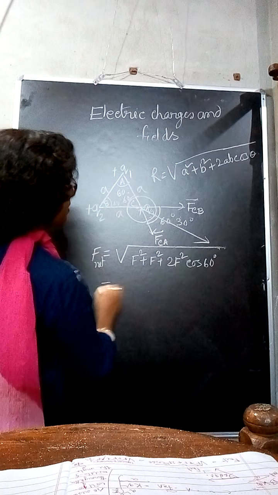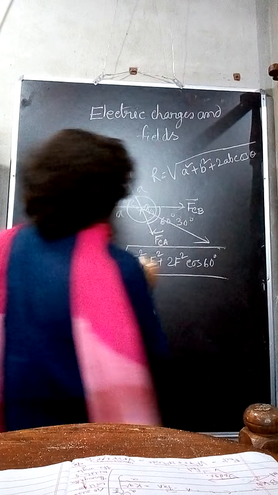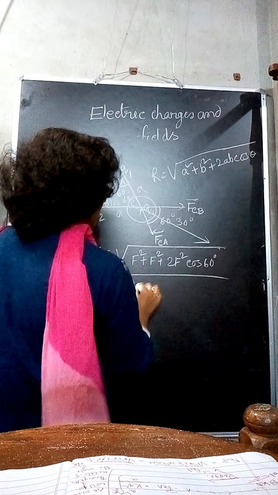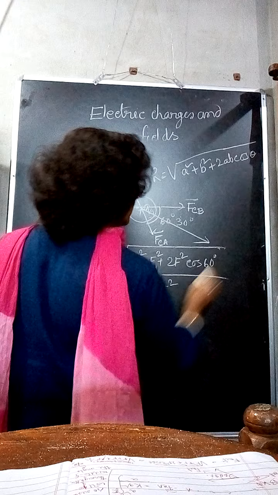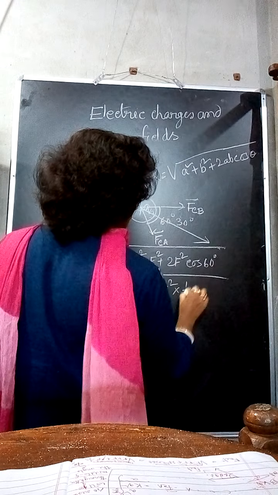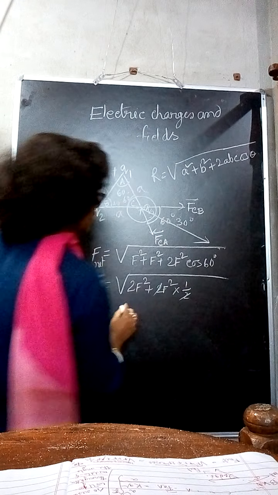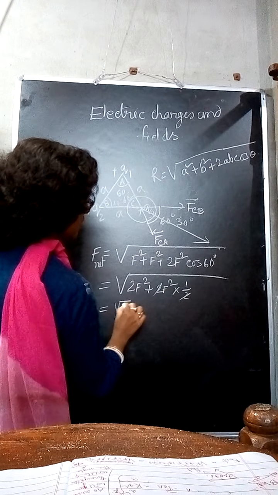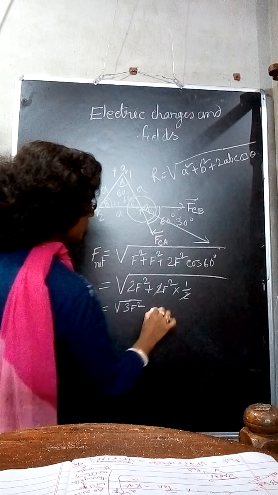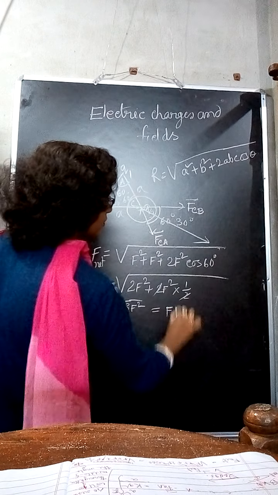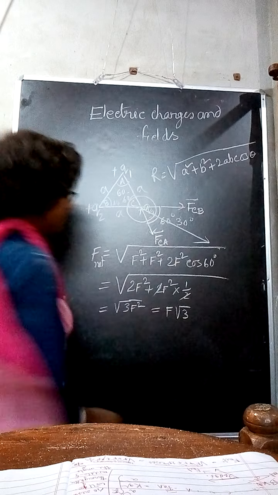So what is coming now? 2F square is there, and 2F square cos 60 degrees, that is half, gives F square. So the sum is 3F square, that is root 3 F square. So it will be F root 3.